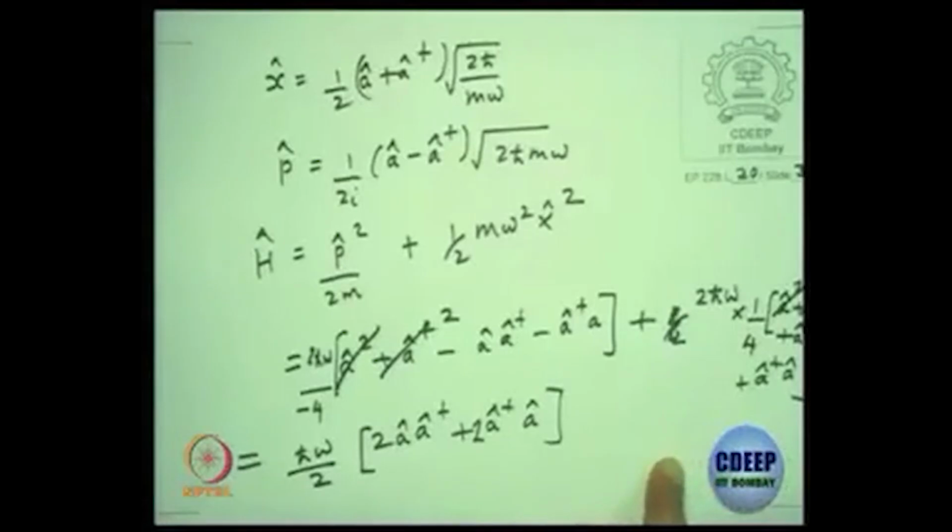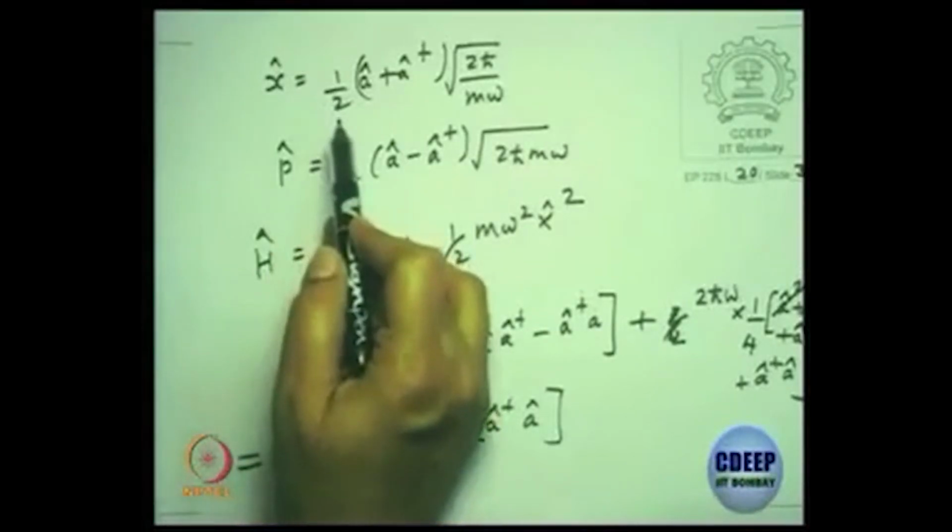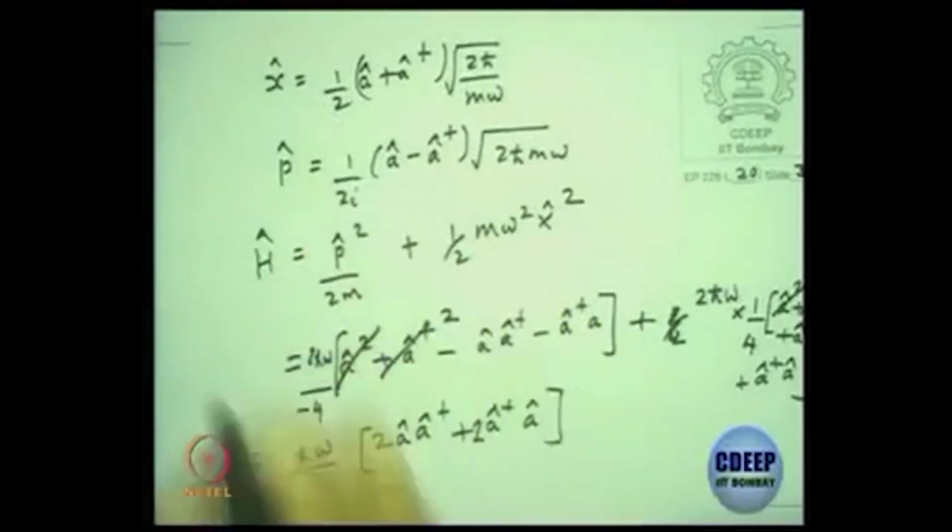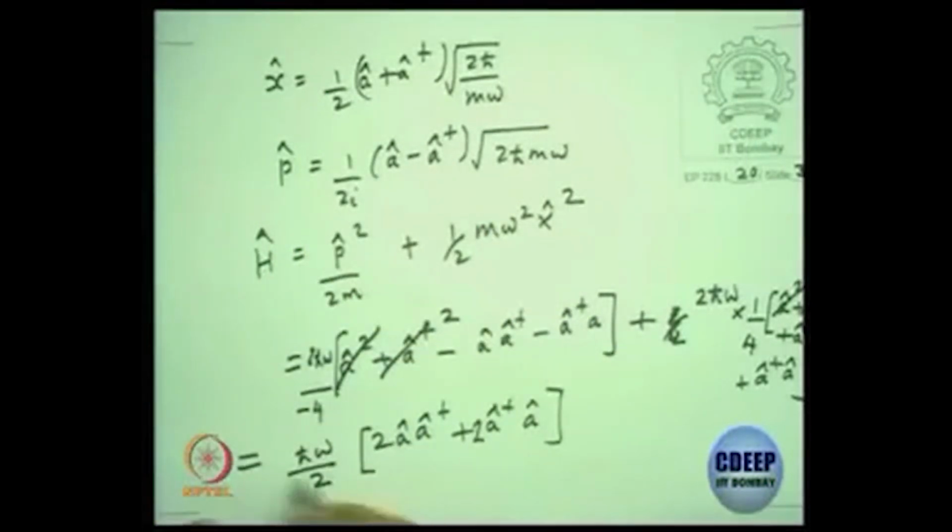Did I miss something? So there is a, I put the by 2. Oh, also there is a half. Okay, good.